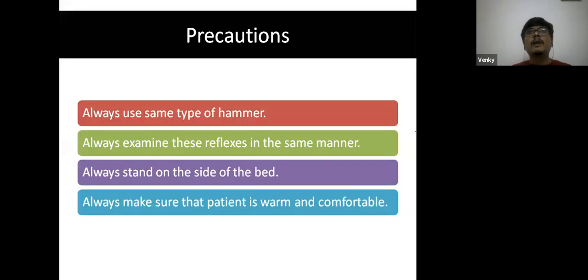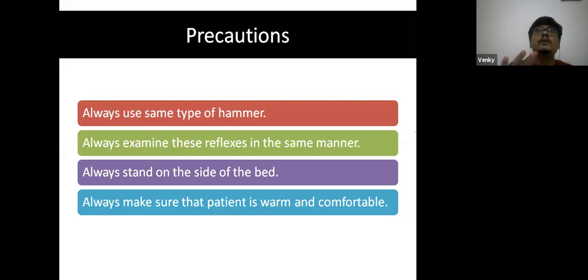So what precautions will you take for deep tendon reflexes? First, use the same type of knee hammer. Always stand on the right side of the patient. Never go to the left side of the patient.